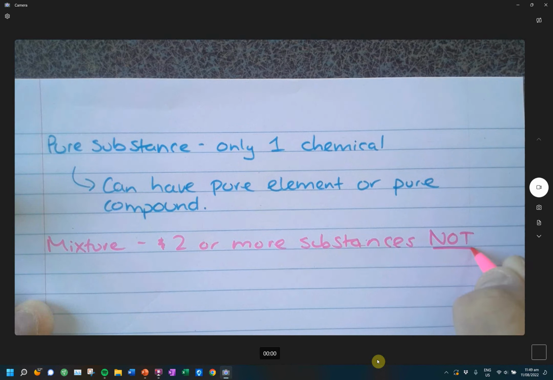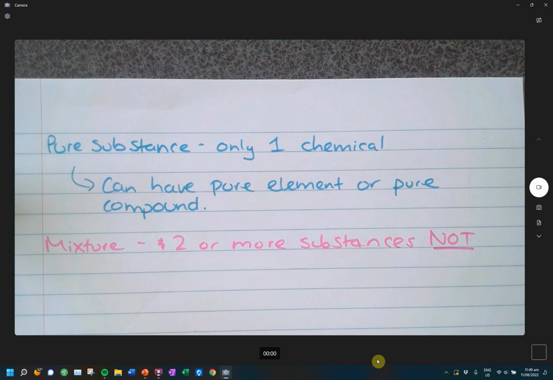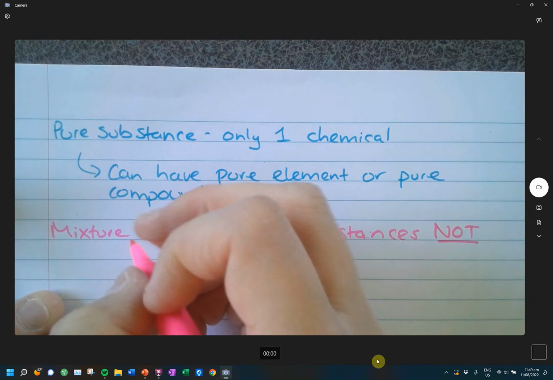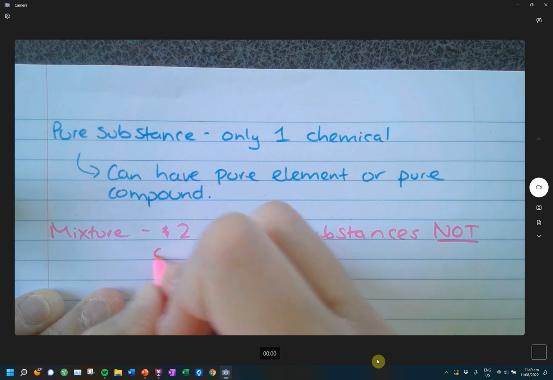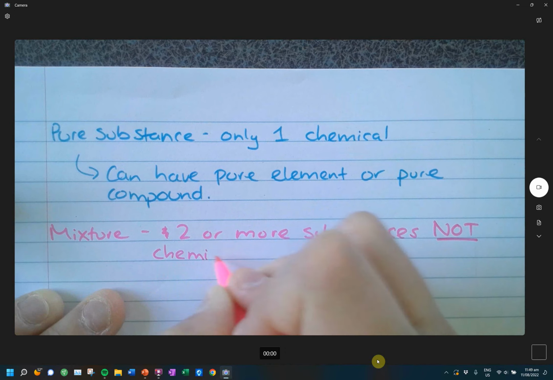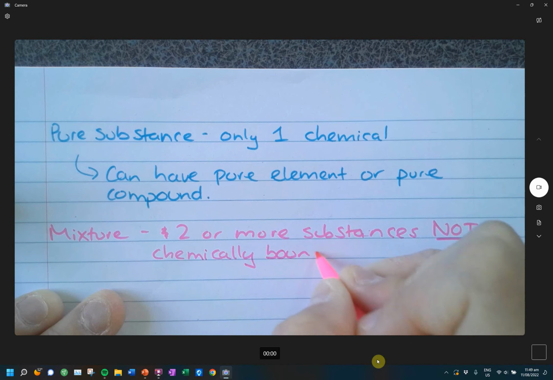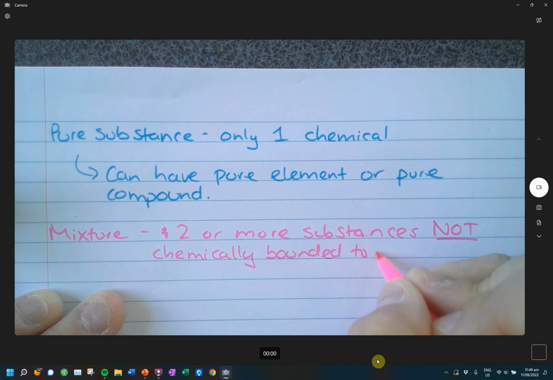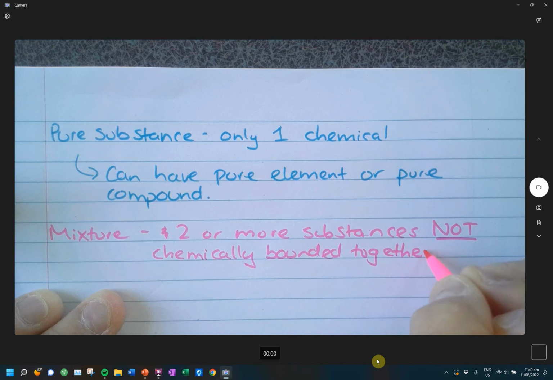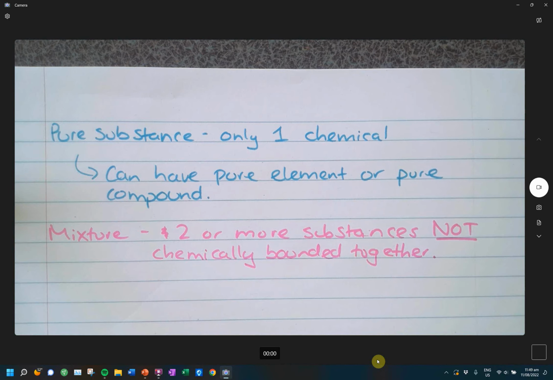I'm going to underline the word "not" because that's really important. Not chemically bonded together. What that means is that I can separate them.